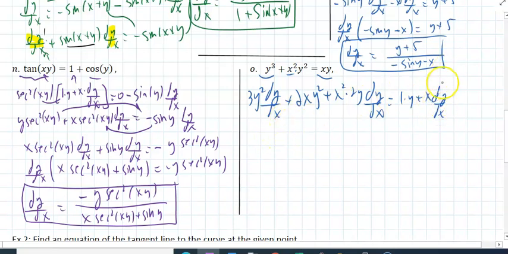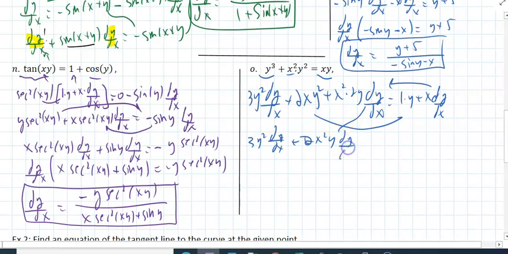So if I move all the dy/dx's on one side, everything else on the other side, 3y squared dy/dx plus 2x squared y dy/dx minus x dy/dx equals y minus 2xy squared. Factor a dy/dx out.